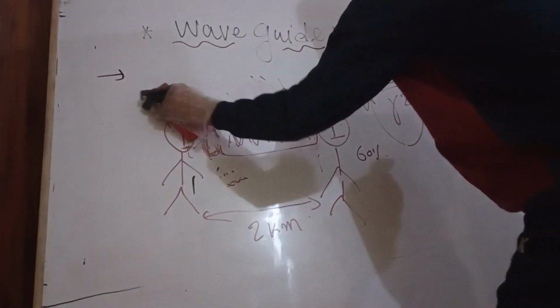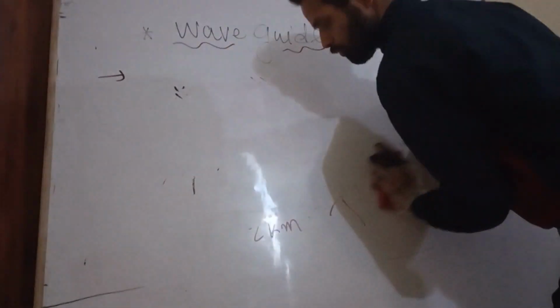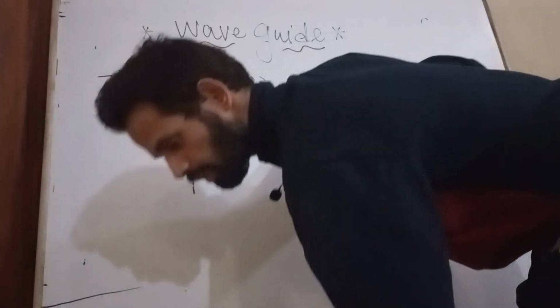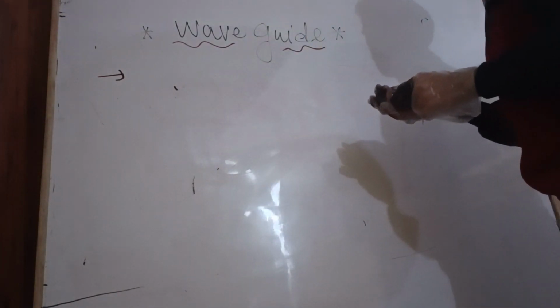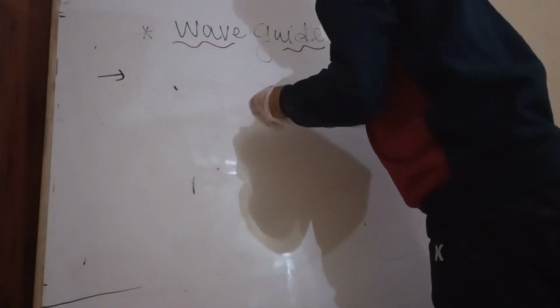Now, in another way, how can we define the waveguide? You can write: what is a waveguide?